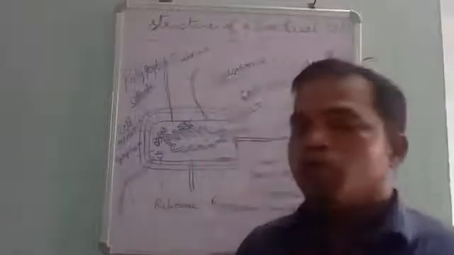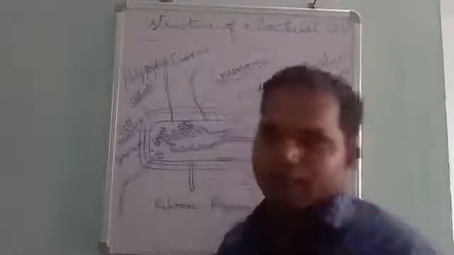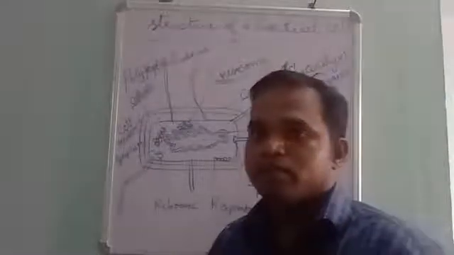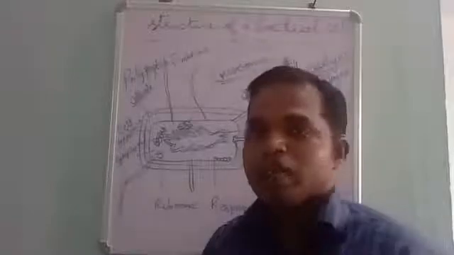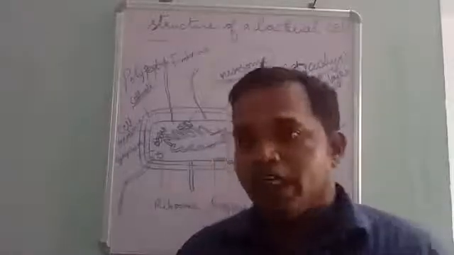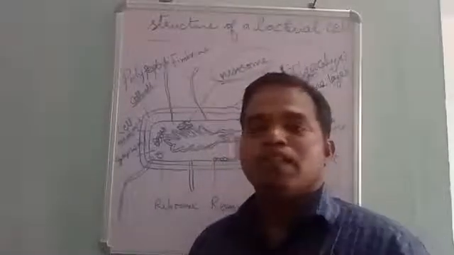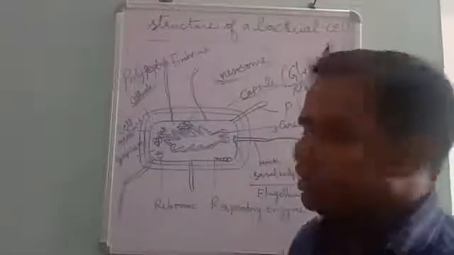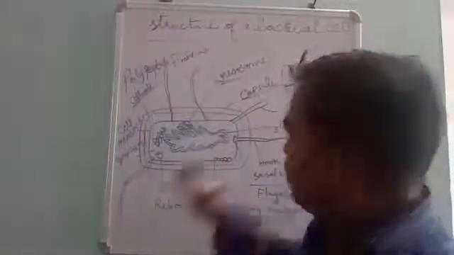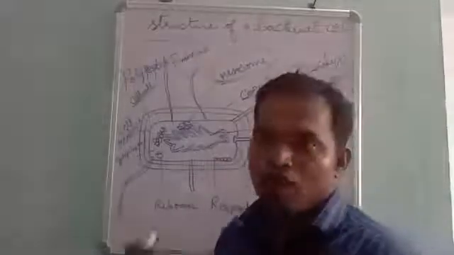The mesosome plays a vital role in the bacterial cell. How? Because the mesosomes help in the replication of the DNA and its distribution to the daughter cells, as well as being involved in cell wall formation.